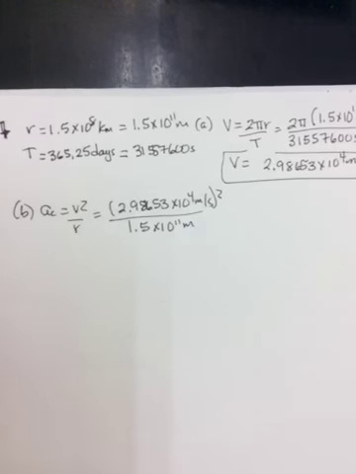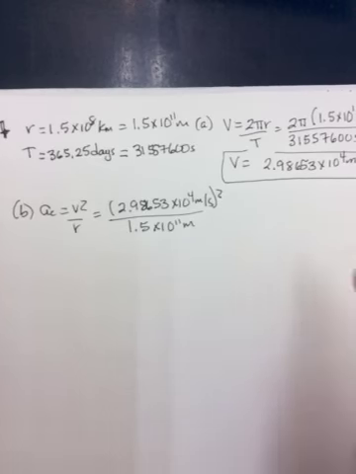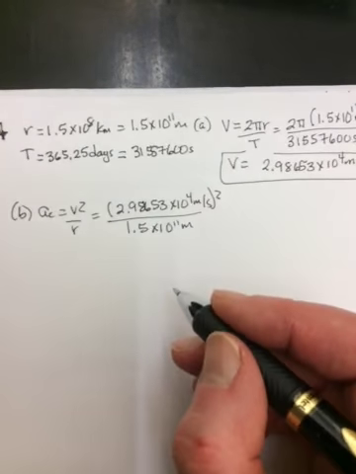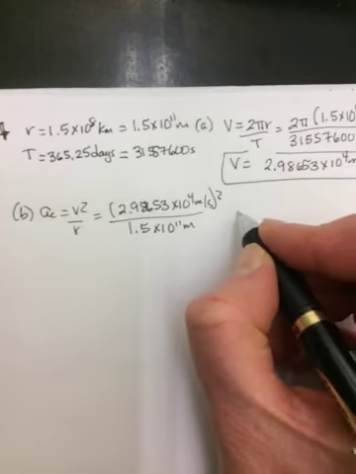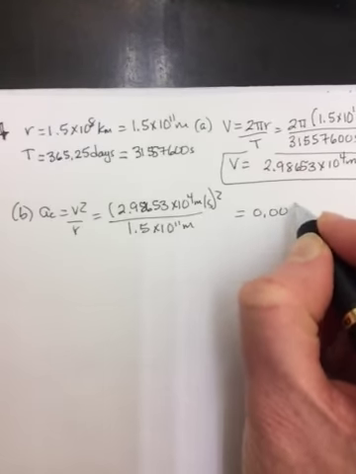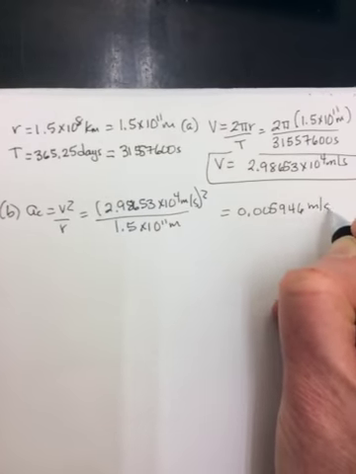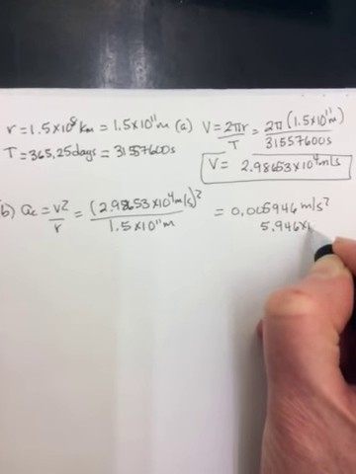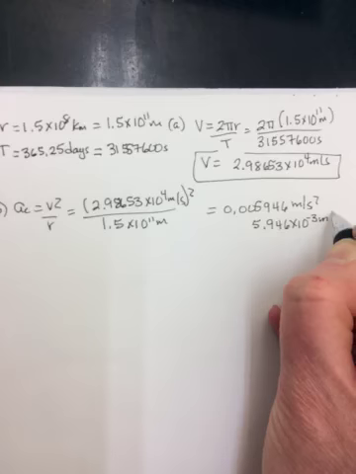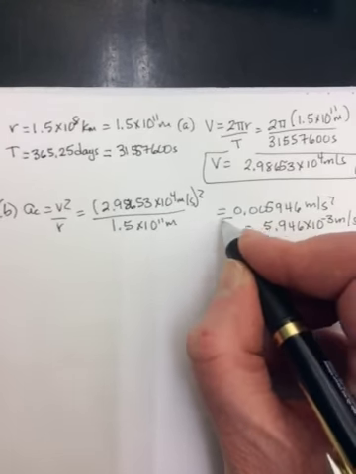And you should get, this time tiny, 0.005946 meters per second squared, or 5.946 times 10 to the negative 3 meters per second squared. Okay, it's our a_c.